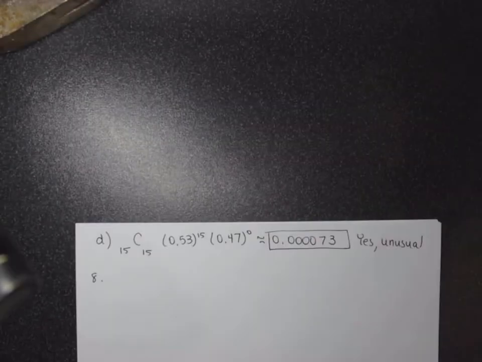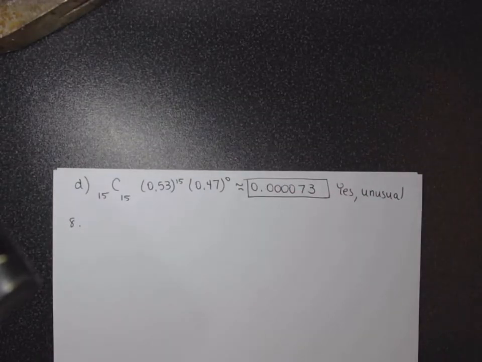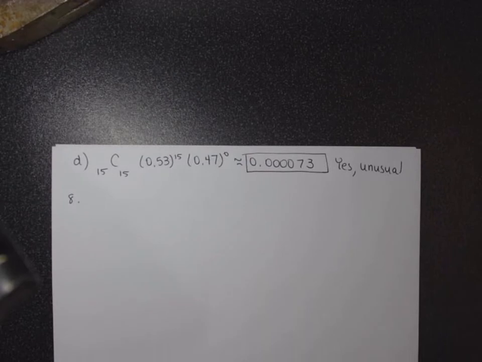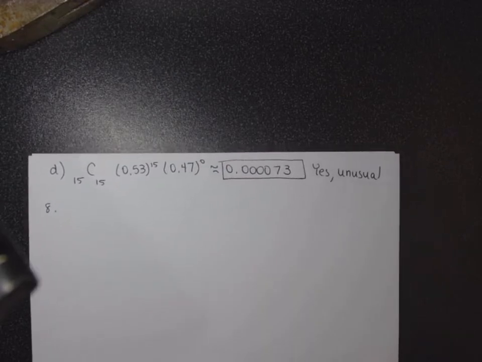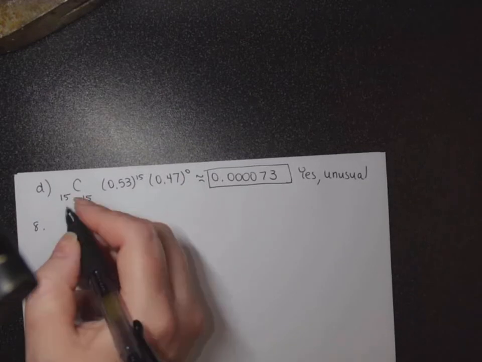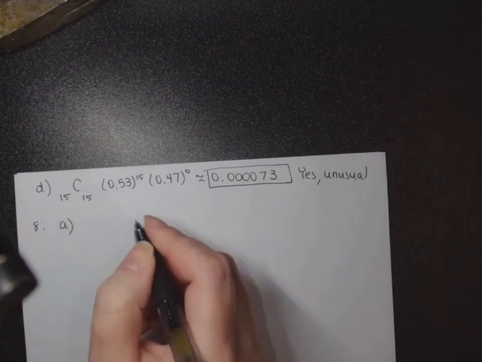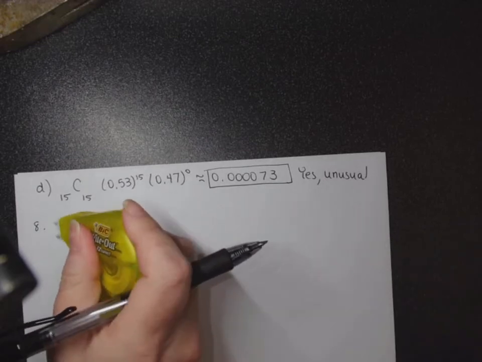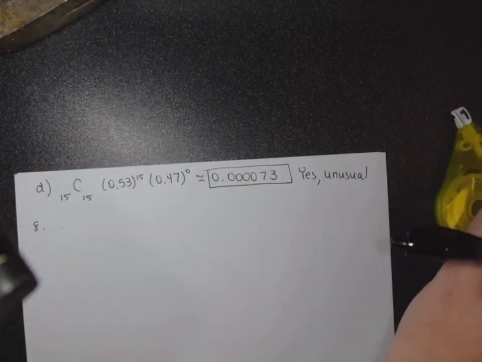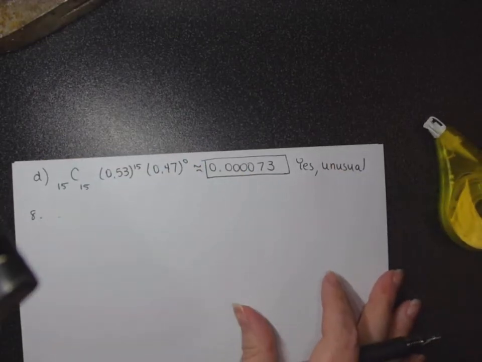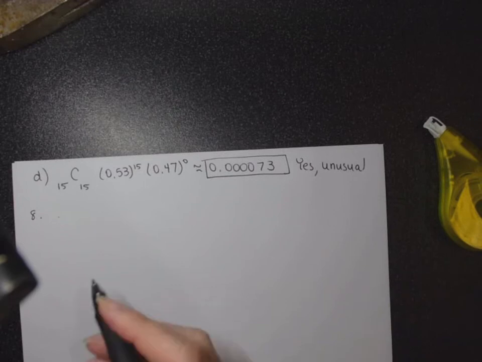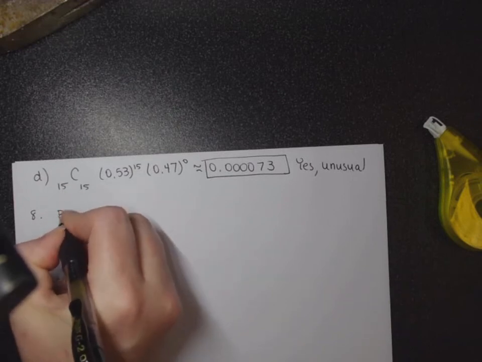All right, moving along, number 8. More of the same kind of problem. This is binomial because either they graduated from high school and went to college, or they didn't.